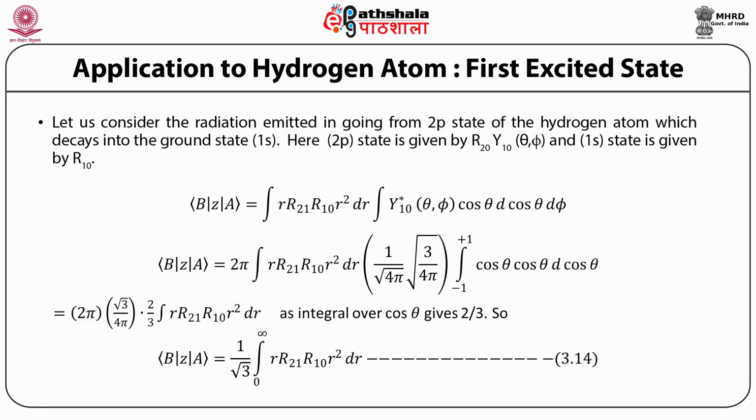And so the whole thing becomes 2 pi times root 3 by 4 pi times 2 by 3 times the integral over dr of r R21 R10 r squared, as the integral over cos theta gives 2/3. So the matrix element of z between B and A can be written as 1 over square root of 3 times the integral from 0 to infinity of r cubed dr R21 R10. This we call equation 3.14.